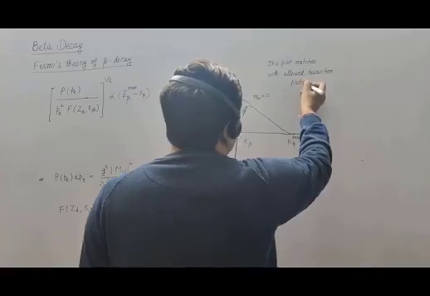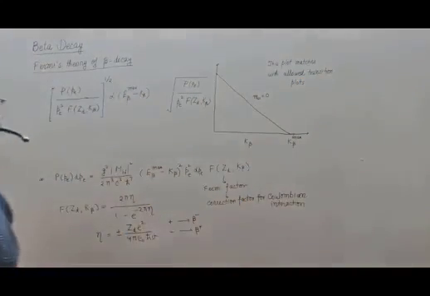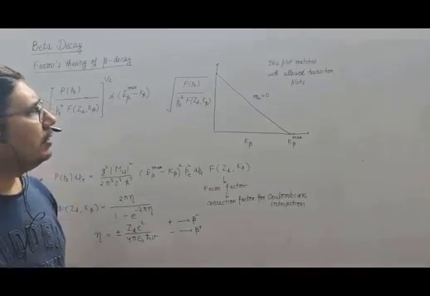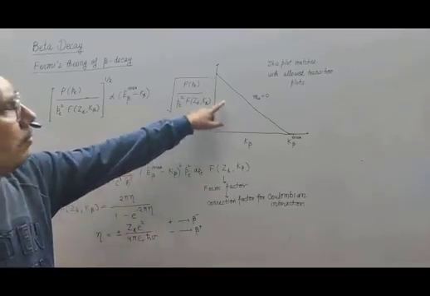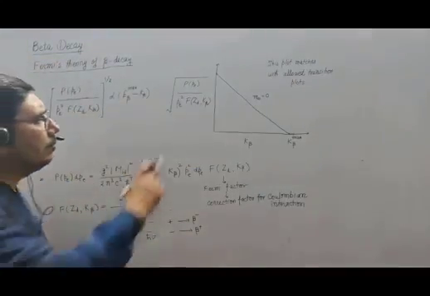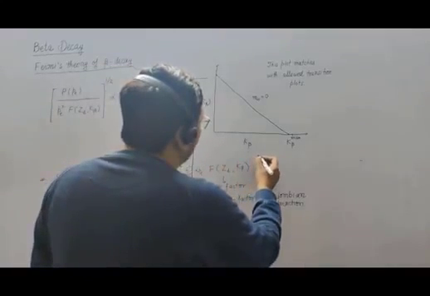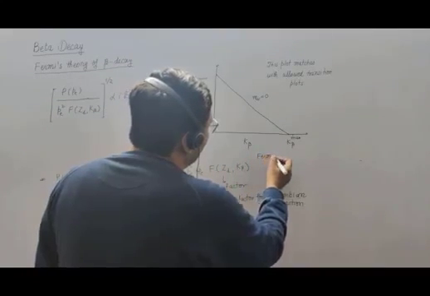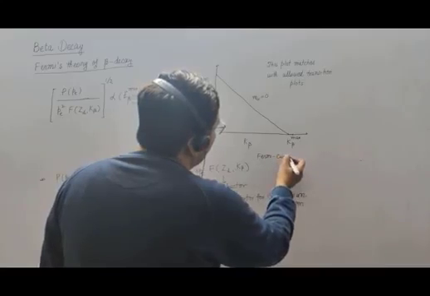Basically in beta transitions, there are two types of transition. One is known as allowed transition, another is known as forbidden transition. We will discuss these things later on, but this type of plot was exactly matching for allowed transitions, and this plot is known as the Fermi-Curie plot.